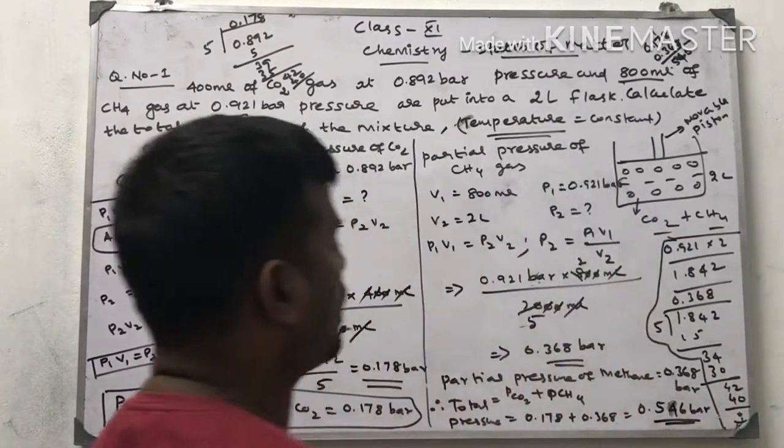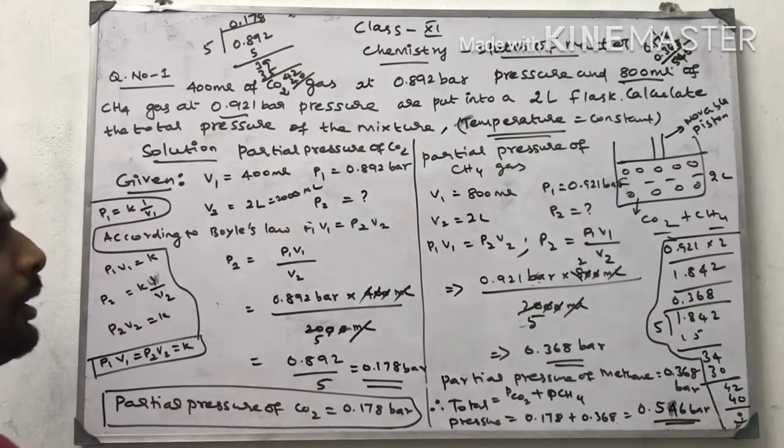So this is the total pressure exerted by methane and carbon dioxide.